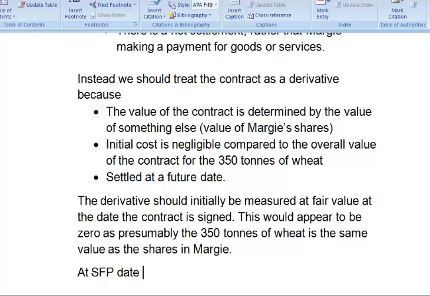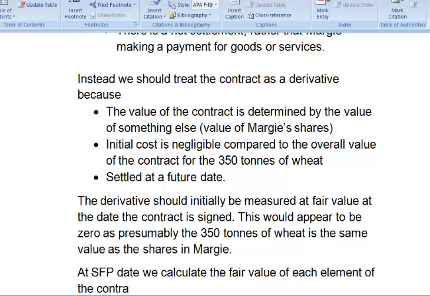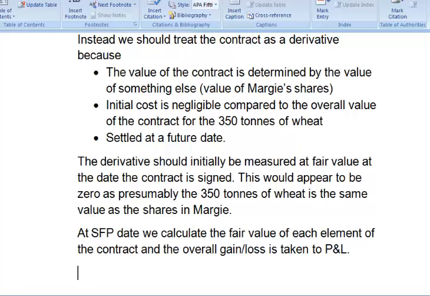At the SFP date, we calculate the fair value of each element of the contract and the overall gain/loss is taken to P&L.